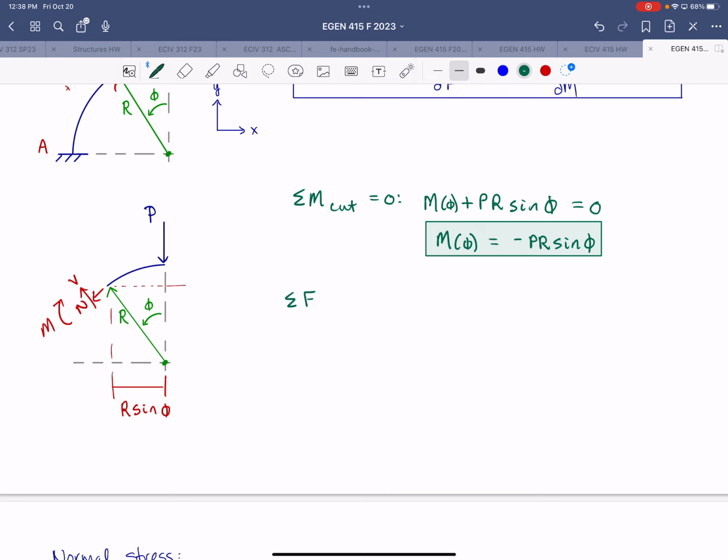Just for the sake of completing the equilibrium equations, if we sum forces in the normal direction, we get N is equal to negative P sine phi.